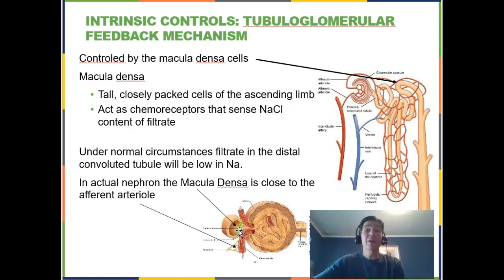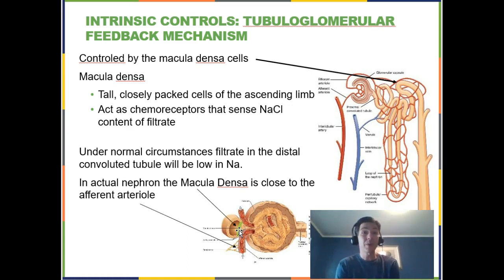What you want to know is that by the time filtrate gets to your distal convoluted tubule, it is largely done being processed. It is close to a finished product. And so your macula densa is really kind of a quality control check towards the end of your urine formation process. What the macula densa senses is sodium levels.